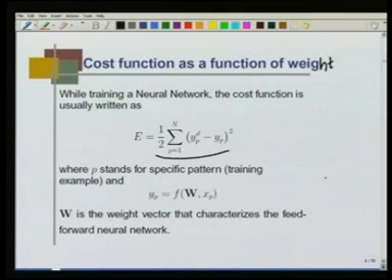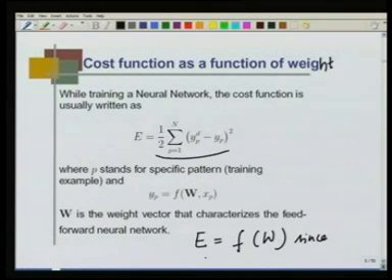So, this XP is input, YP is output, and so in that sense you can easily see that E is actually a function of W, since YPD and XP are known.